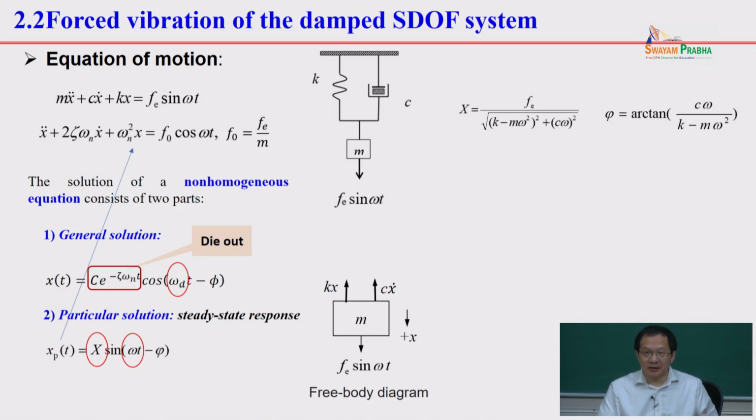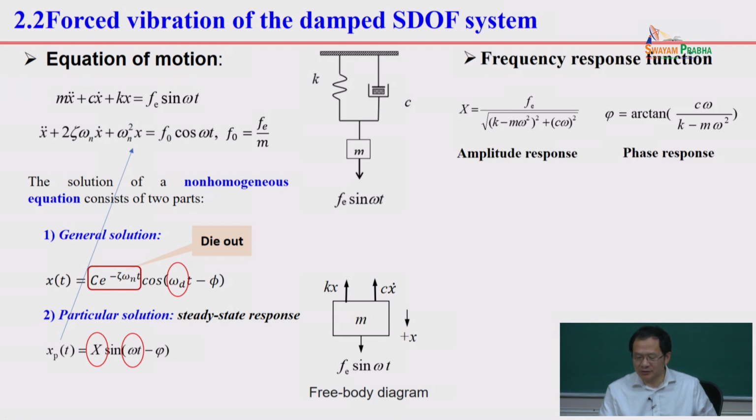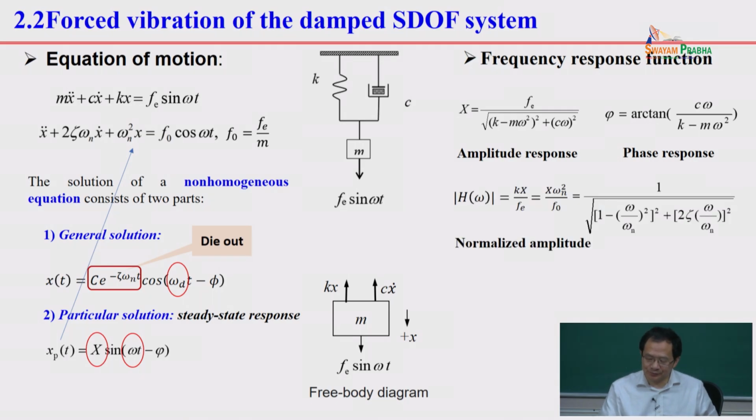Then you can solve this. If you have a harmonic excitation with amplitude Fe, you can plug it into this equation and find the amplitude and phase relationship. I didn't go through the detail, but this is called the amplitude response and phase response.